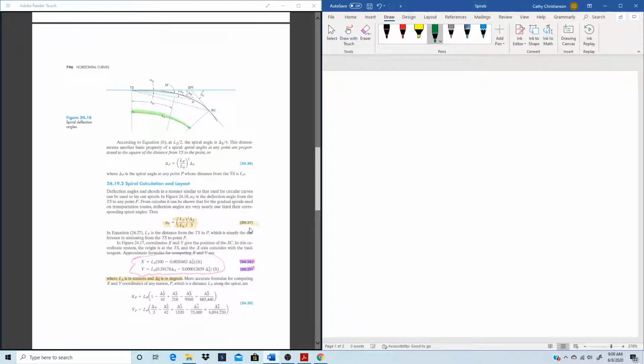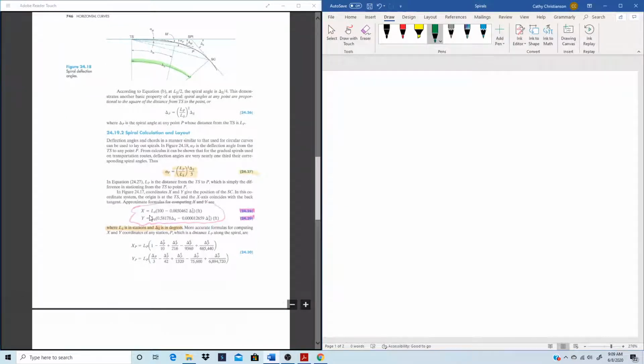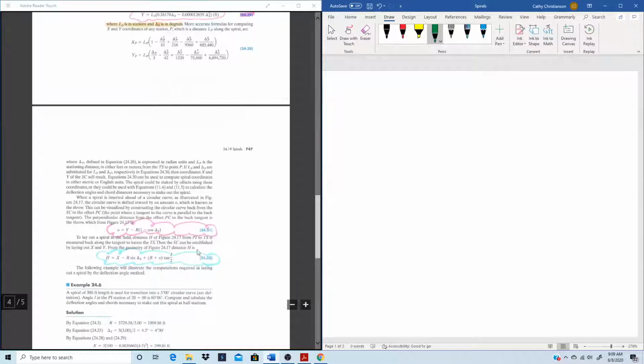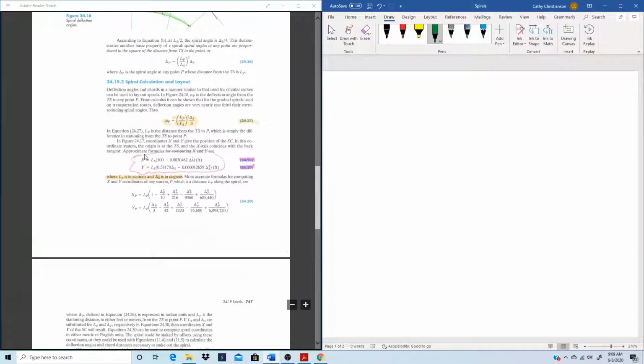Okay, the next thing I highlighted is because we need x and y for H. So here is our H formula, and all the work that we're going to do is just going to come back to work with this H. So I've highlighted x and y. Now you've got a bunch of numbers in here. These are constants. So Ls, and Ls is in stations again.